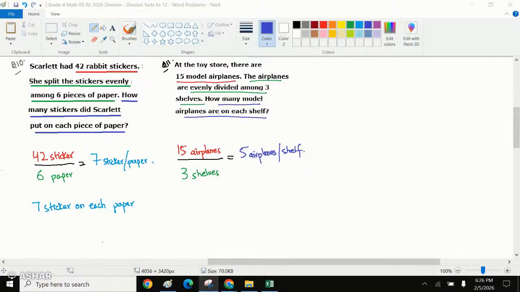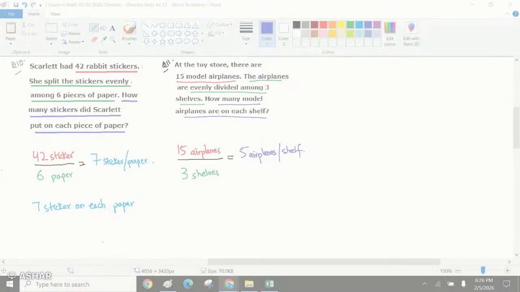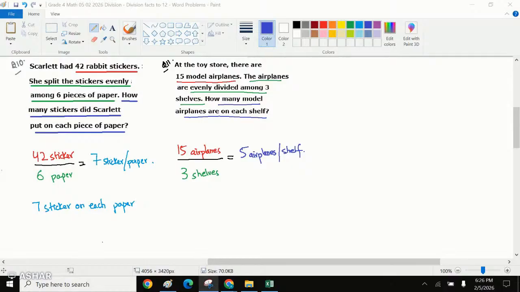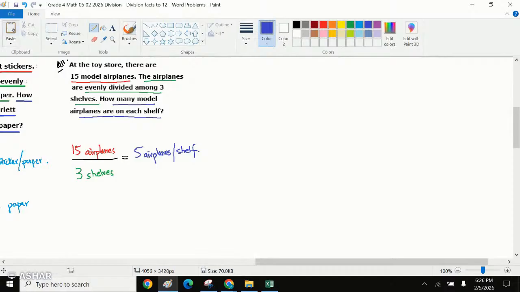Oh, Gina wants to buy 54 bars of soap. Too much soap. Okay, but still, let's see. For question number 12, it says Gina wants to buy bars of soap. Okay, she's buying 54 bars of soap. If the bars of soap are stacked in packs of nines, how many?